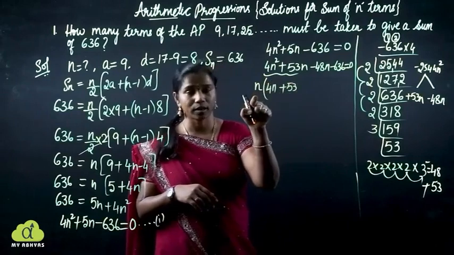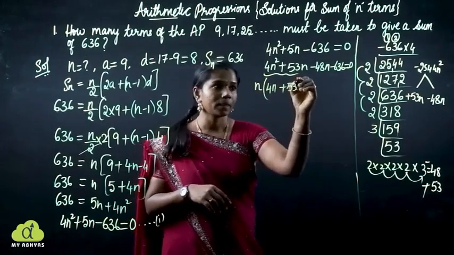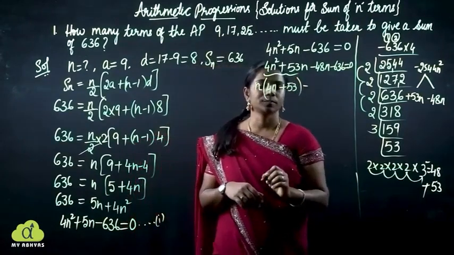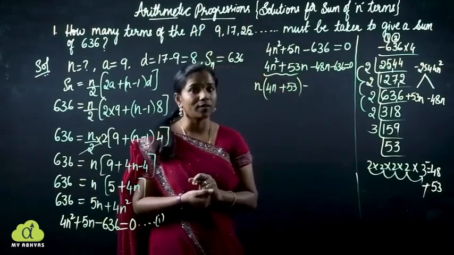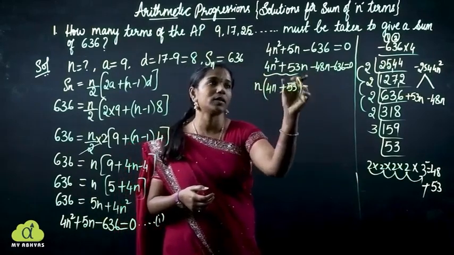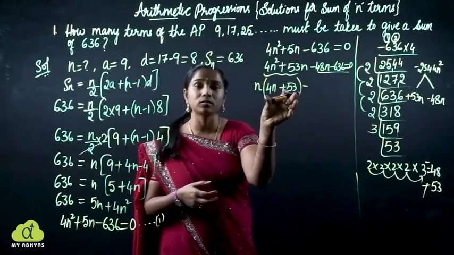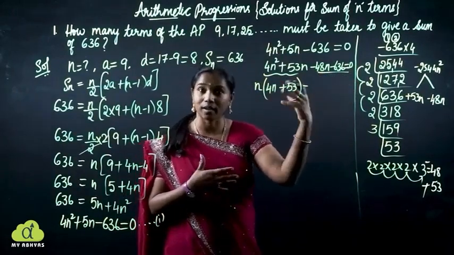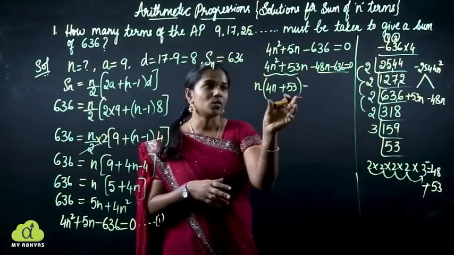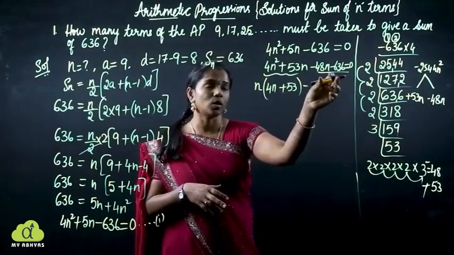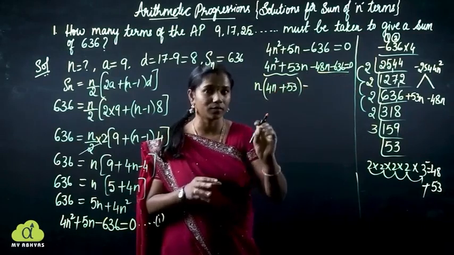It is 53 into n is 53n. Yes. Minus. And in the previous session I have told that in such type of resolving into factors problems, the same terms we have to get in the bracket the second time also. So what do we have to get here again? When we take the common term, it is 4n plus 53 only.